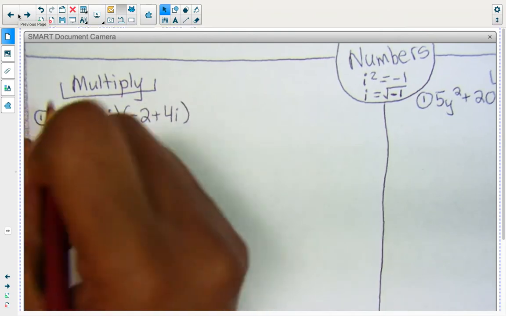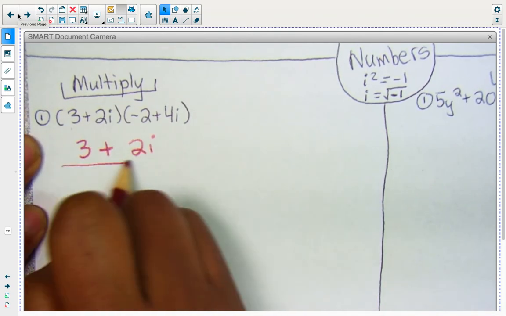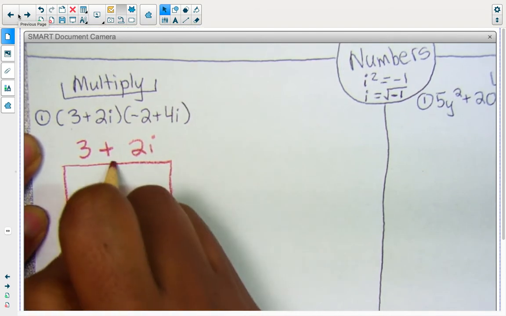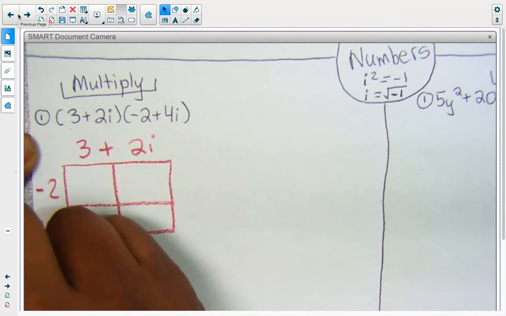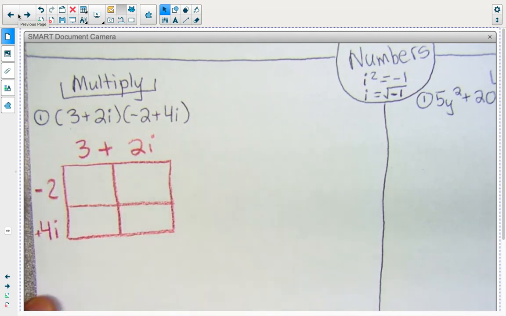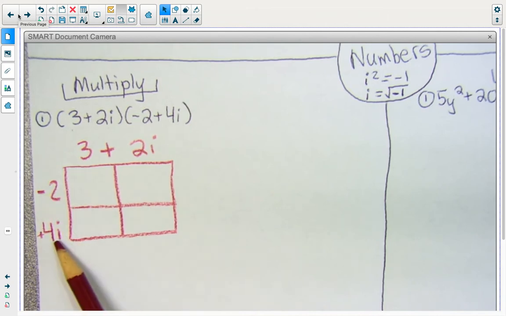I like doing the box method. So 3 plus 2i, setting up my box here, and negative 2 plus 4i.